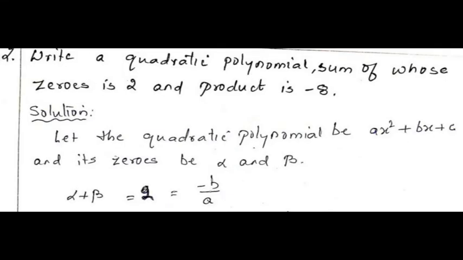The second question is write a quadratic polynomial sum of whose zeros is 2 and product is -8. Let the quadratic polynomial be ax square plus bx plus c and its zeros be alpha and beta. Alpha plus beta is equal to 2, which is equal to minus b by a.